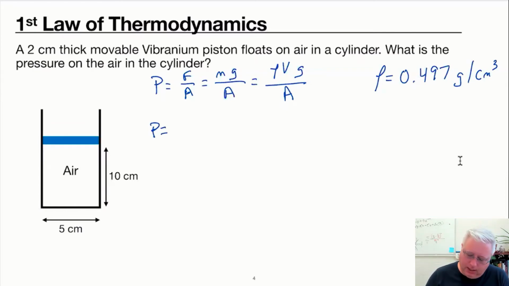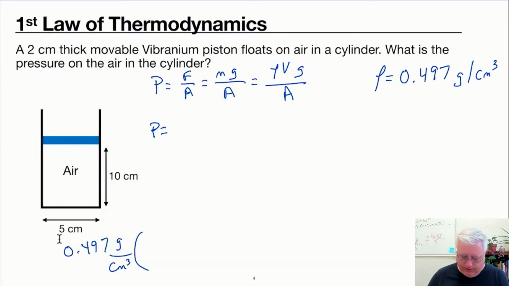The density is 0.497, and we want to convert that first. As a side note, remember we want SI units of kilograms per cubic meter, not grams per cubic centimeter.